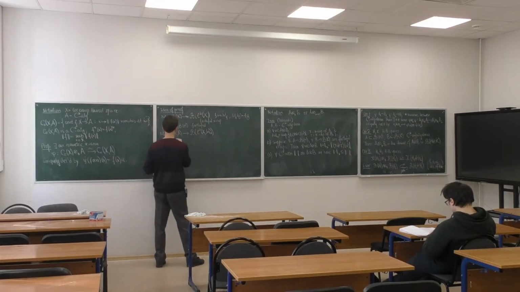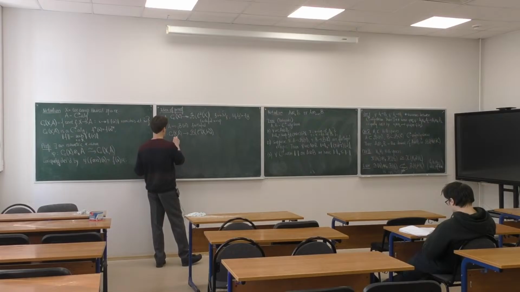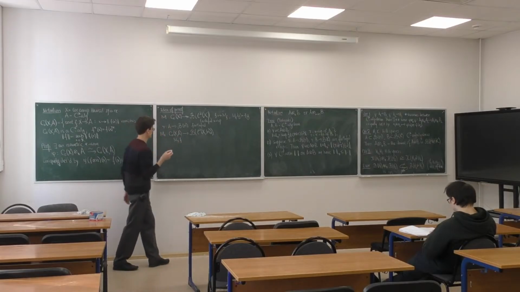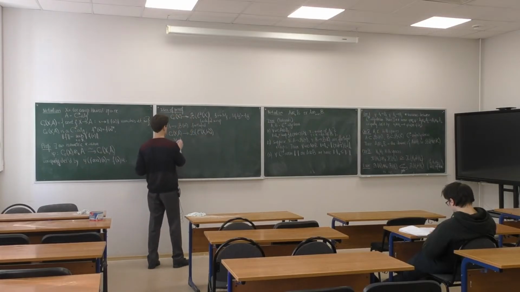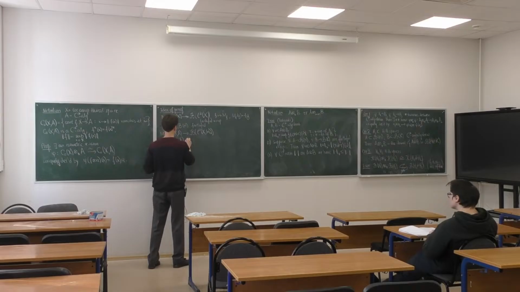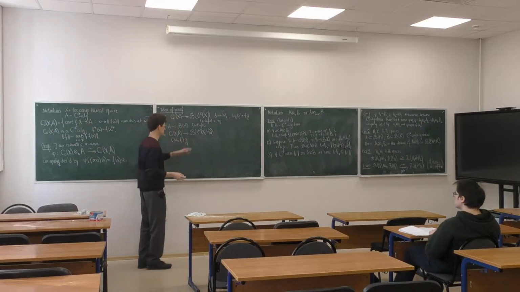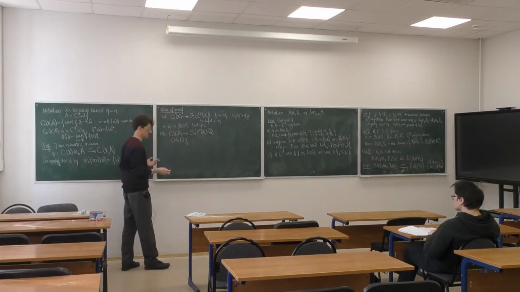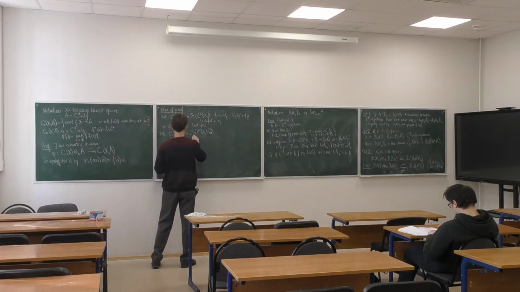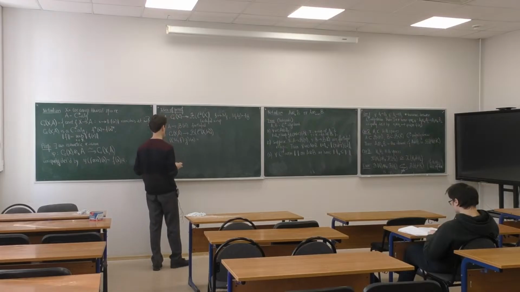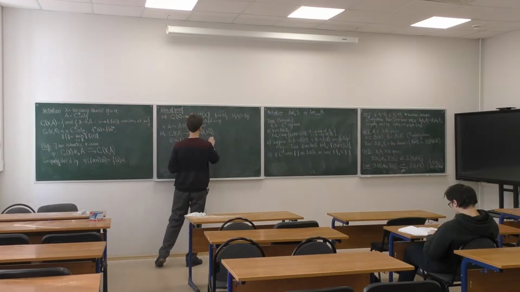And this representation acts as follows. If f is an A-valued function on X, then M pi of f is an operator on the space. So if we apply it to a function g from X to H, we must get again a function from X to H. And this function is defined as follows. First of all, we calculate f of x.